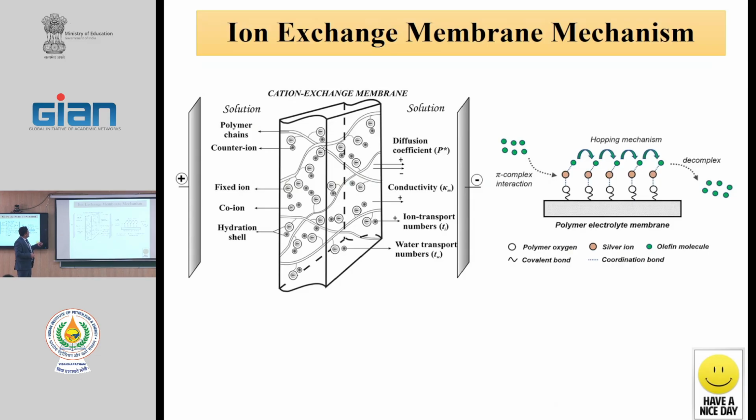If we want cations to pass through the membrane, we must have a negative induction of the electrical field to force the positive charge to go to the negative electrode. The driving force is electrical charge, and the mechanism is the hopping between the functional groups: this hop to this hop to this, and go to the electrode side.